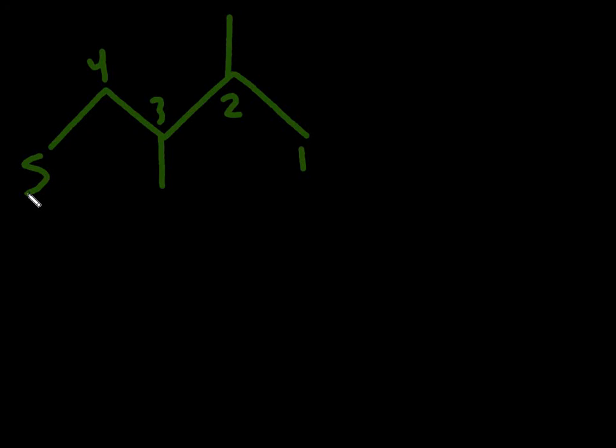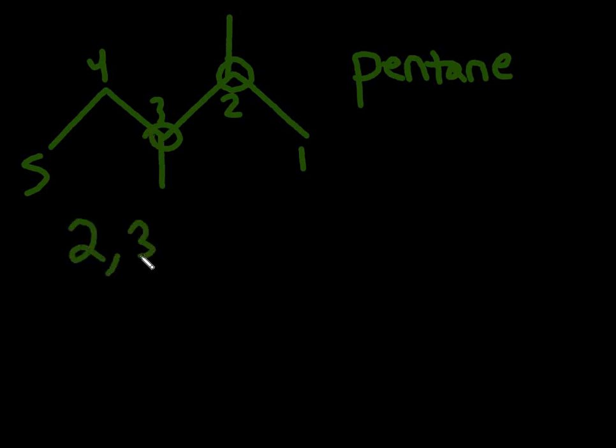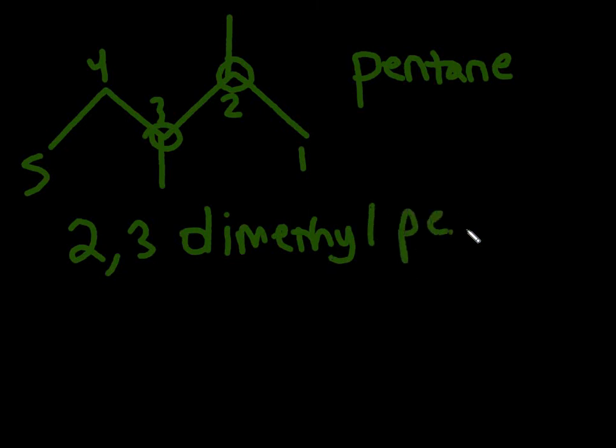Now, we know that this will be a pentane. And we see on the second carbon we have a methyl, and on the third carbon we have a methyl. So this would be called 2,3-dimethylpentane.